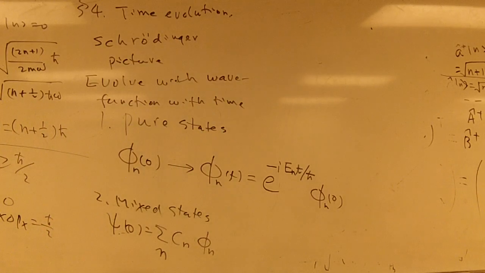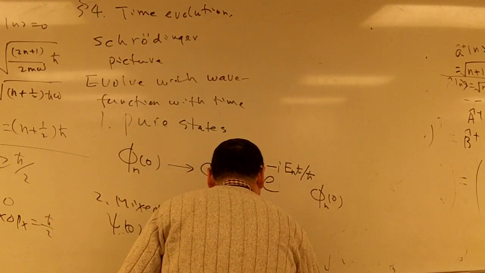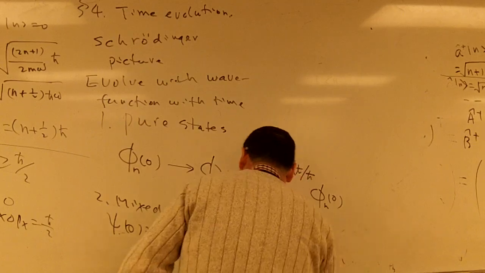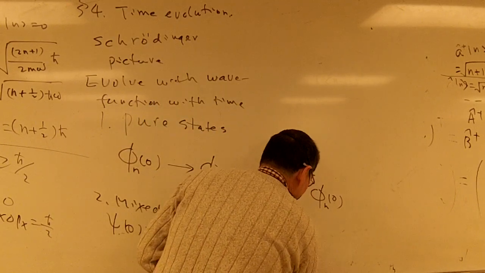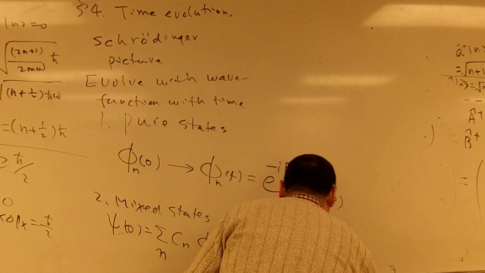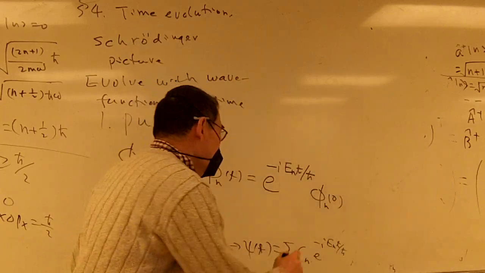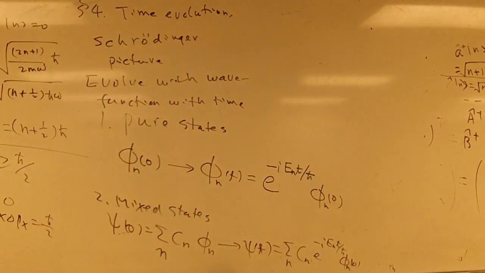And then the time-dependent state is going to be real simple. You just copy everything there, and then change this to C sub n and e to the negative i E sub n t over h bar, and then you have phi sub n. This is all you need.